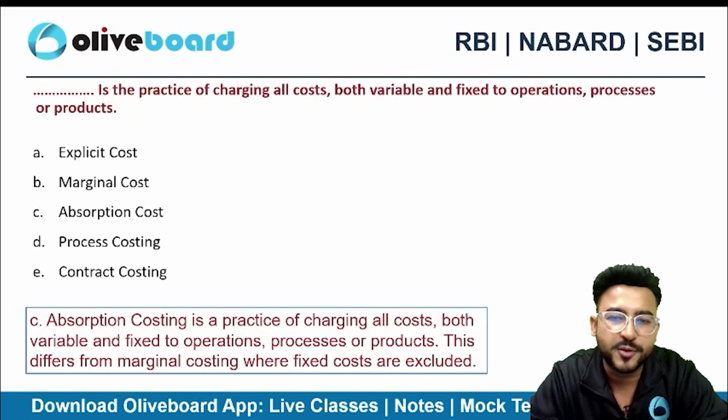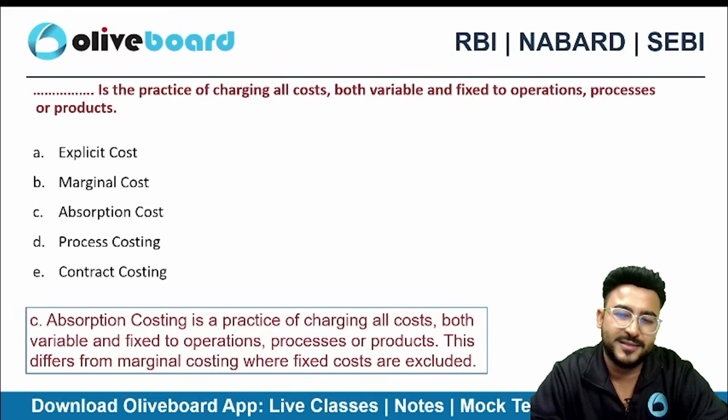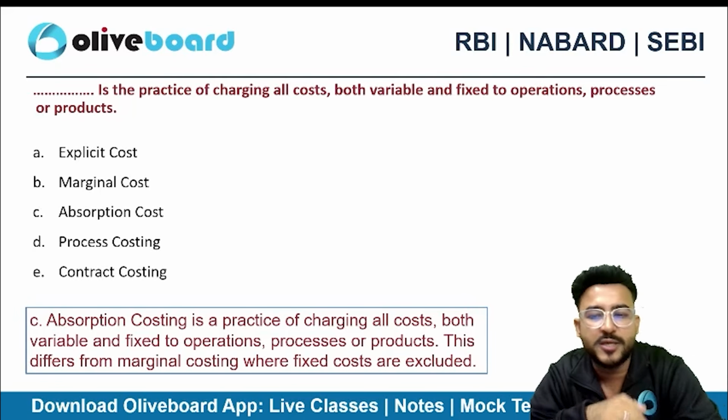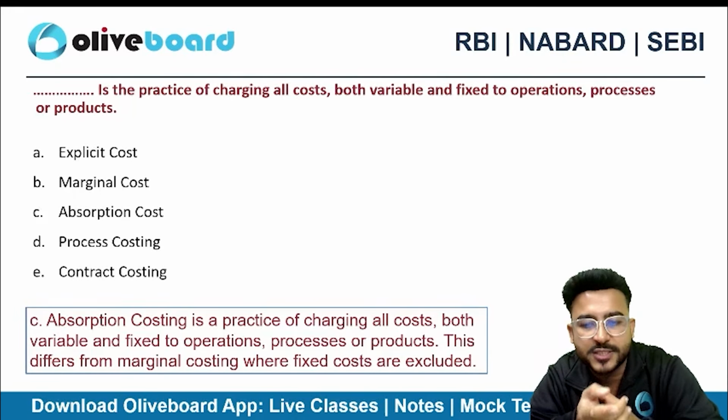In absorption costing, we consider both costs as product cost. In marginal costing, we consider only variable cost as product cost. What about fixed cost?